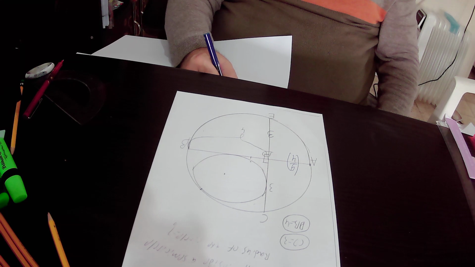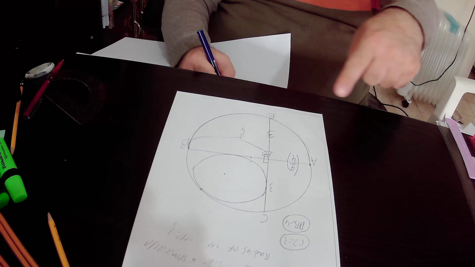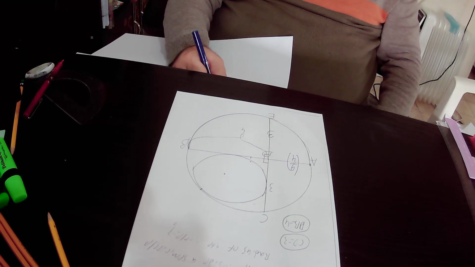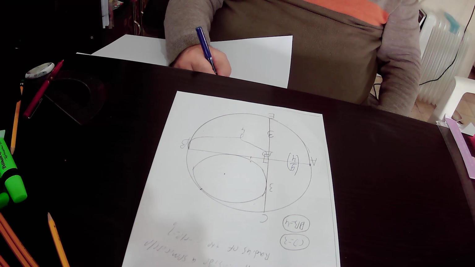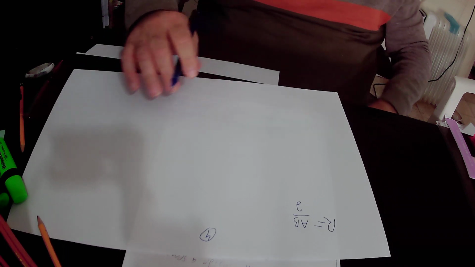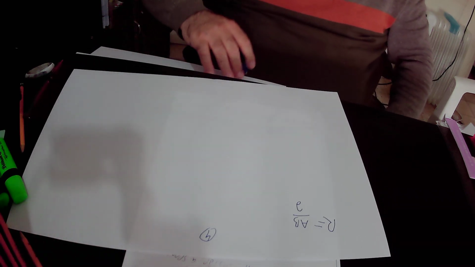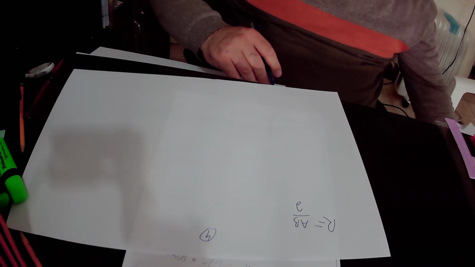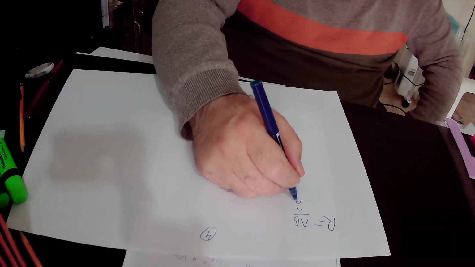So capital R equals AB, the diameter, over 2.